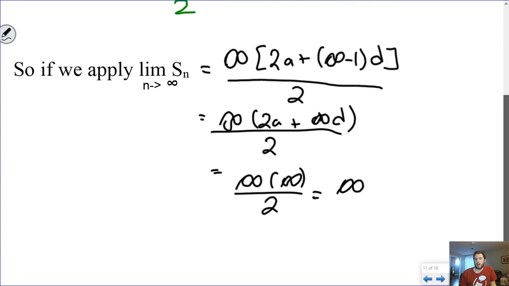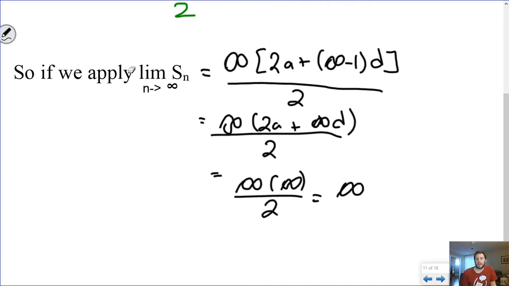Okay? So what that means is that if I take an arithmetic sequence and I look for the infinite term, what ends up happening is that my sequence will diverge, right? It's not going to have an answer. It's going to approach infinity. And it could also be negative infinity, right? I guess that's why d matters.